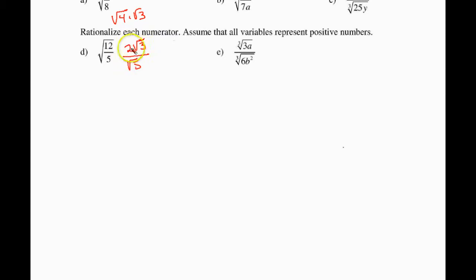I need to multiply this so I can rationalize the square root of 3. So I'm going to multiply it by the square root of 3. And it has to be a 1, so the square root of 3 over the square root of 3. So this becomes the square root of 9, which is 3. 3 times 2 is 6. And this is the square root of 15.